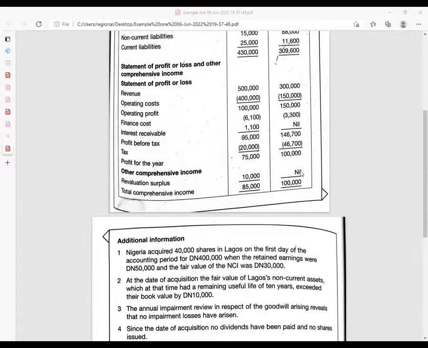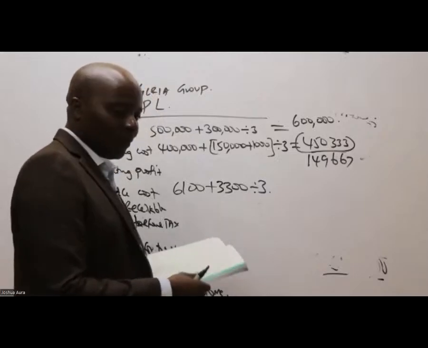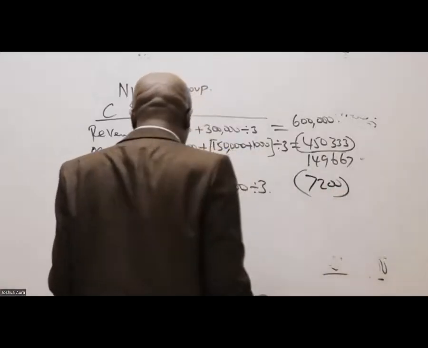But you see, this 3,300 has to be translated, so divided by the average rate, which is 3. Could you kindly give me this finance cost figure? What do we have here? 7,200. I'm supposed to deduct that.